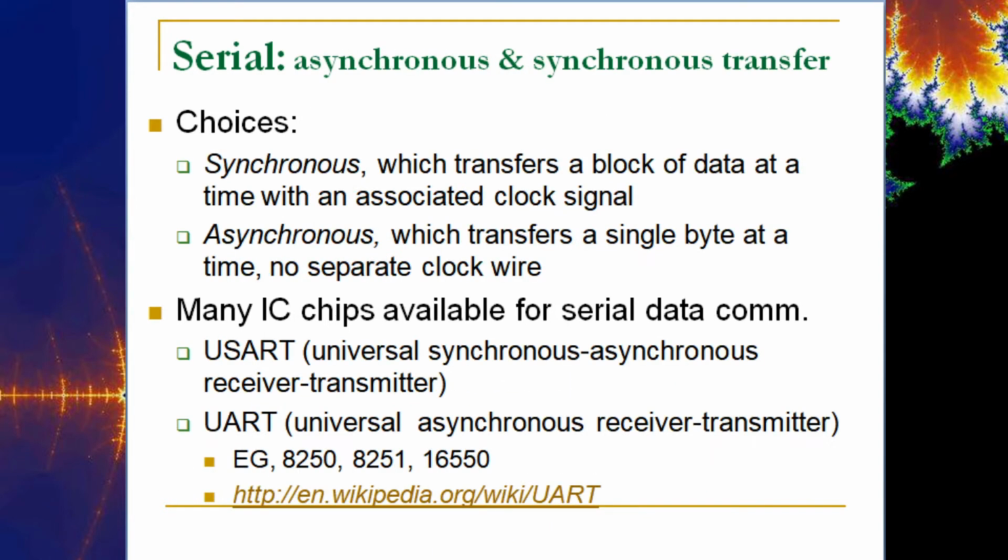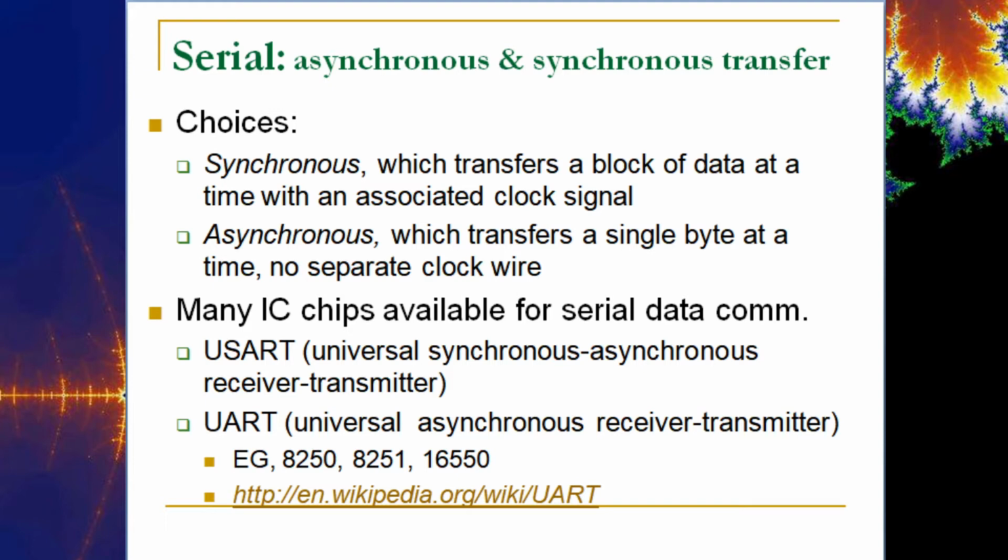There are two types, and this falls in line with talking about flip-flops or counters in general. We typically have either a synchronous or an asynchronous operation. The difference between the two is that in a serial synchronous transfer of data, the block of data is also sending a clock signal with it.